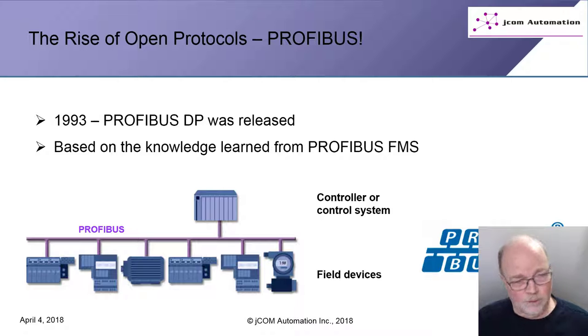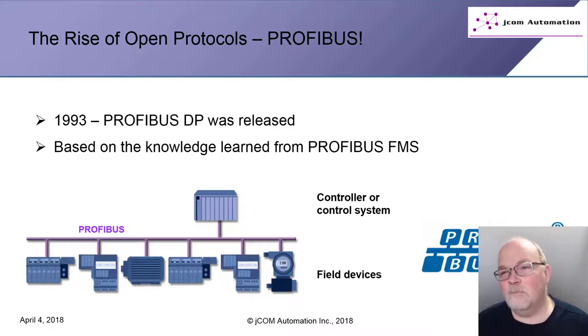And there was a push in industry to come up with open protocols, ones that weren't owned by any one company, where multiple vendors could use that protocol. In 1993, PROFIBUS DP was developed and released. It was based on knowledge learned from Profibus FMS, and it was designed to connect field devices to a controller.